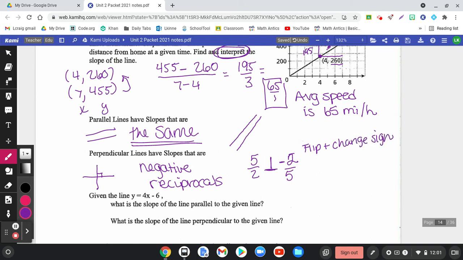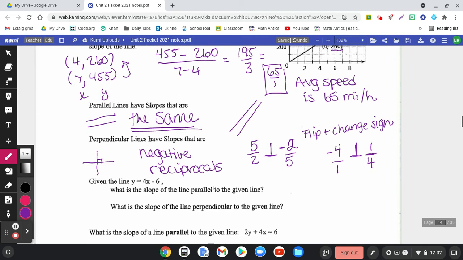Which makes sense because you're going the exact opposite way in a different direction when you're dealing with perpendicular. So if the slope was initially negative 4, perpendicular to that, well, as a fraction, that'd be negative 4 over 1, so perpendicular would be positive 1 over 4. I think I just misspoke.